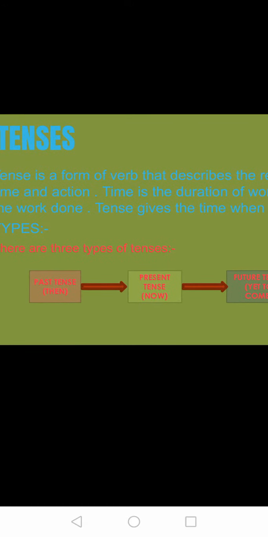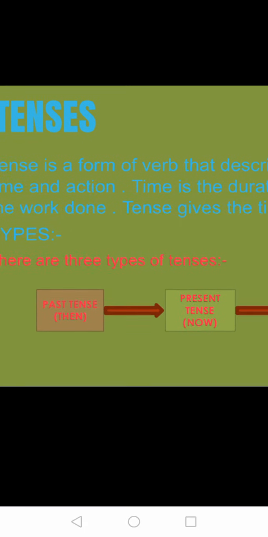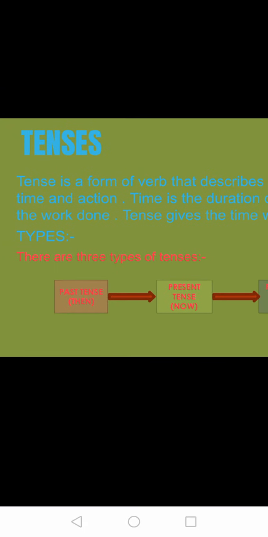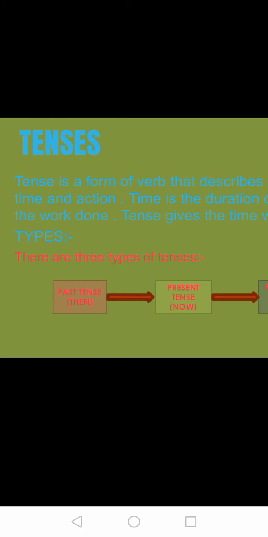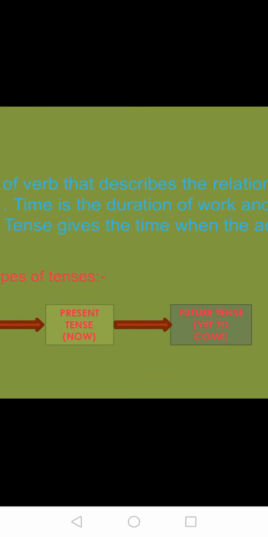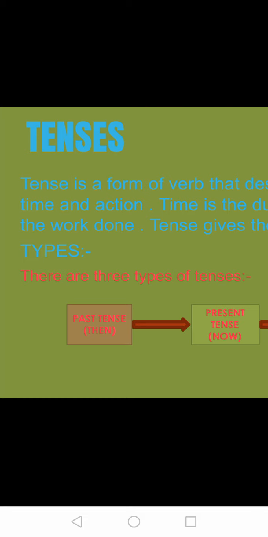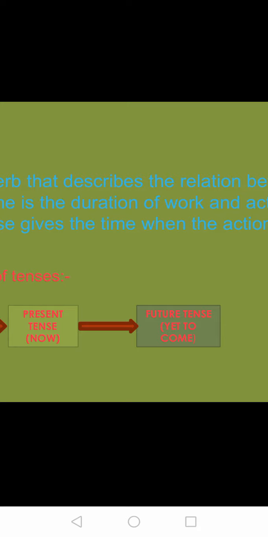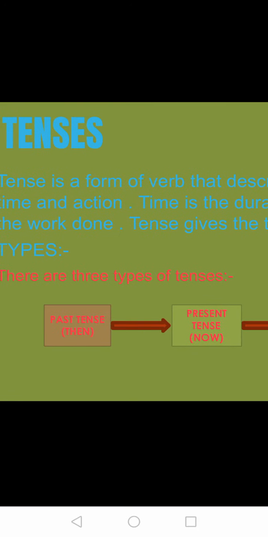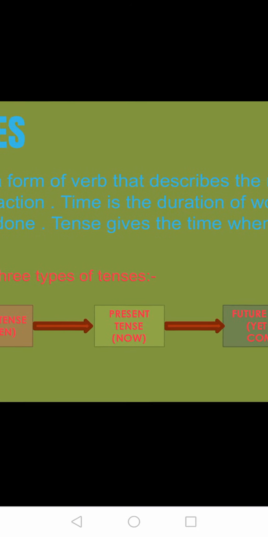Okay. So, students, in Hindi we can say past tense means bhutkal, present tense is vartaman kal, and future tense means bhavishya kal. Okay. Once again, I'll repeat what is tense. Tense is a form of verb that describes the relation between time and action.